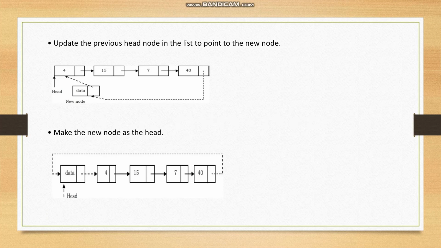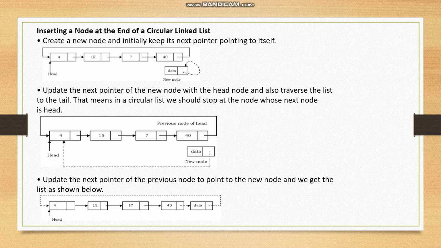In that way the new node will be connected, and then we will have to update our head to the new node. So our head is updated to the new node, and this is how the new node has been added.